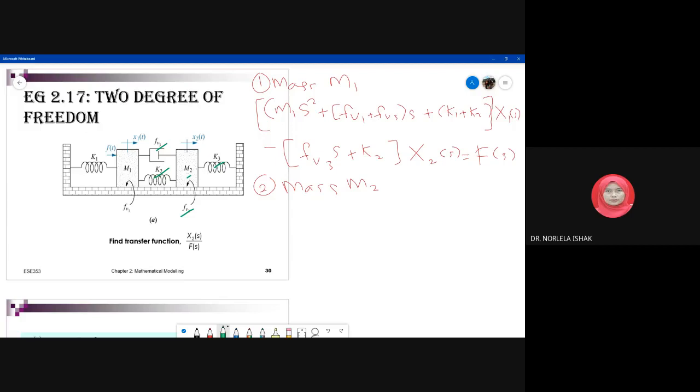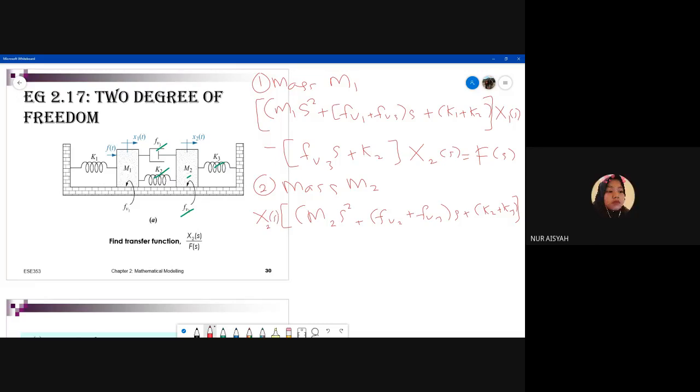Okay, so you list all the impedance, meaning this is your M2S squared, plus we have FV2, plus FV3S, is it? Plus, and how many K? We have K2, K3. This one we multiply with X2, kan?